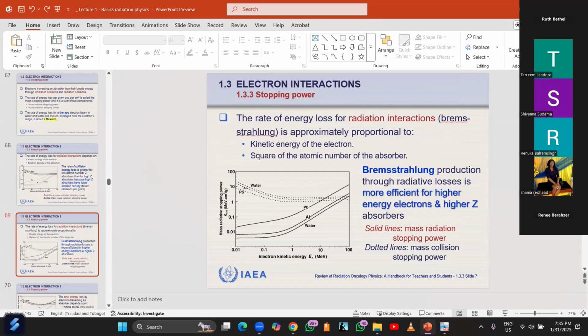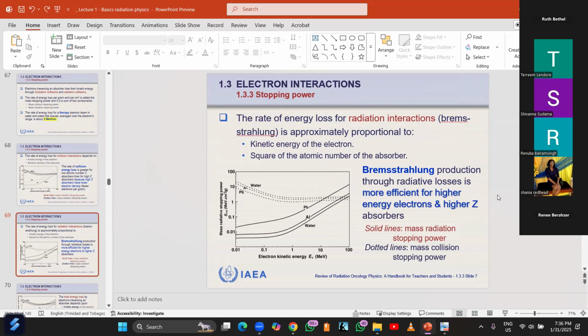So what kind of target do you want? You want a high Z target like tungsten. You want an energetic electron. That's the reason why Bremsstrahlung is more pronounced for therapy energies that are in the megavoltage range, as opposed to diagnostic energies that are in the kilovoltage range.